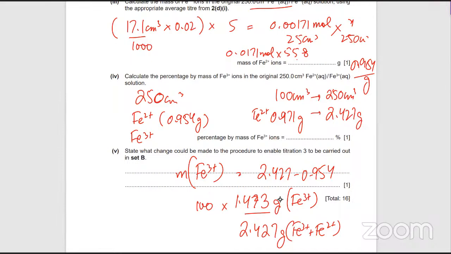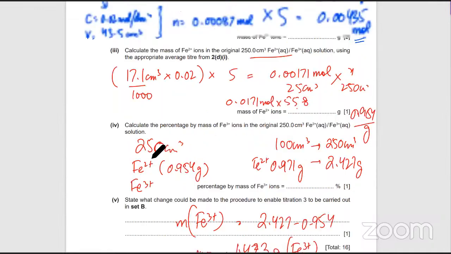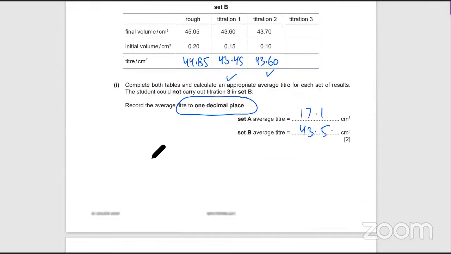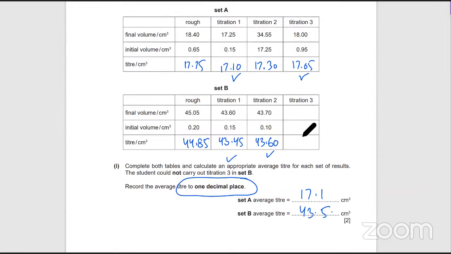State what change could be made to the procedure to enable titration 3 to be carried out in set B. अच्छा, एक तो पहली बात है कि why was titration number 3 necessary or not necessary?